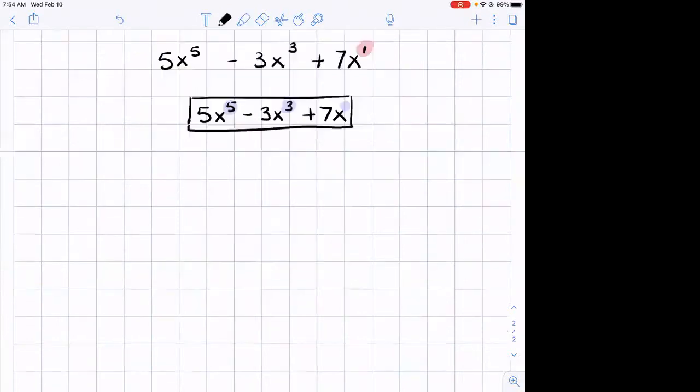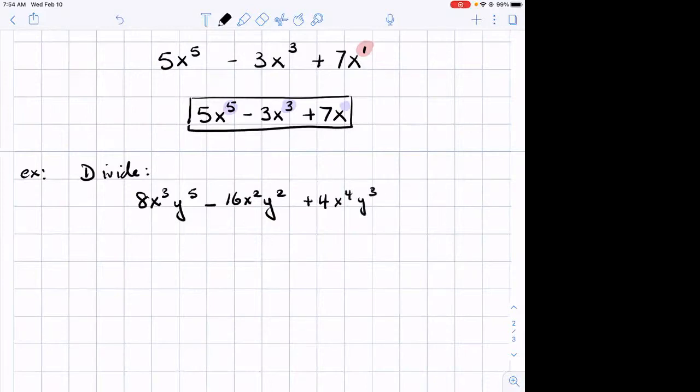Let's look at another example. So we have, divide, say we have 8x cubed y to the 5th minus 16x squared y squared plus 4x to the 4th y cubed.